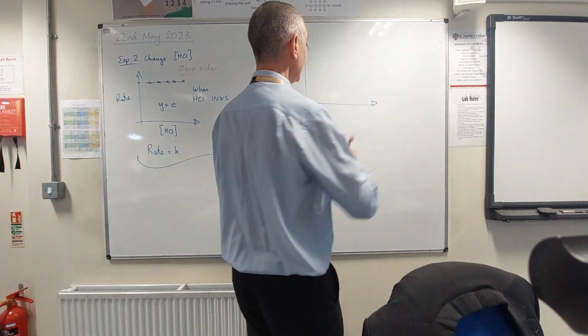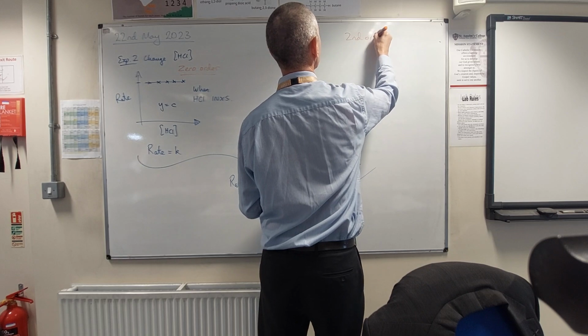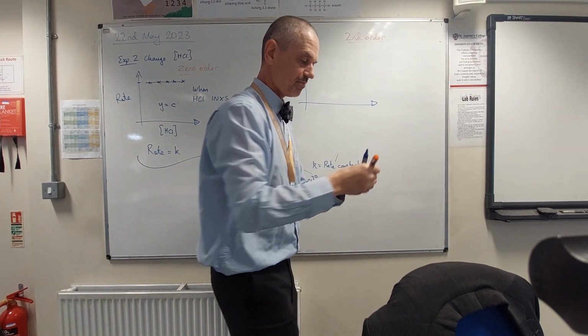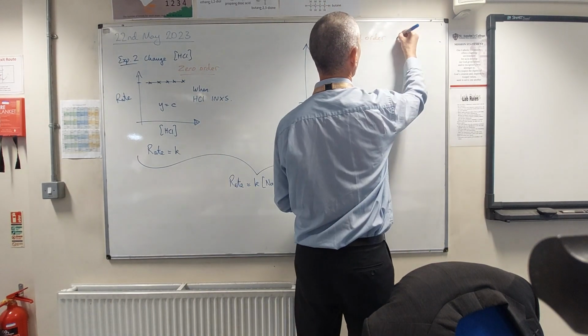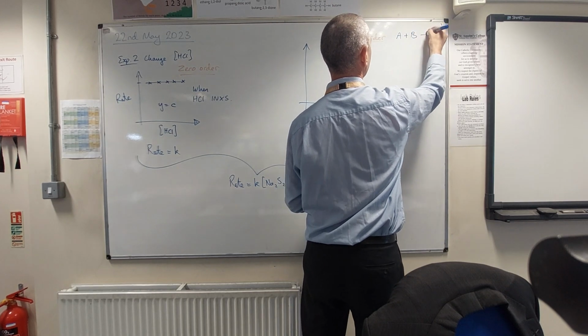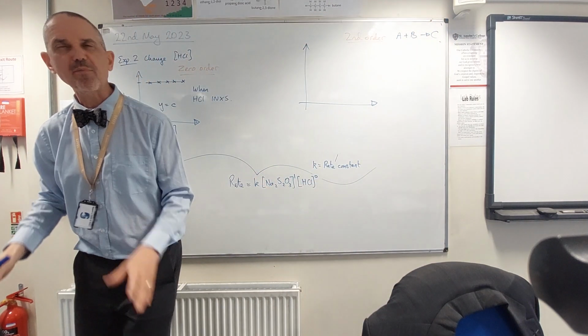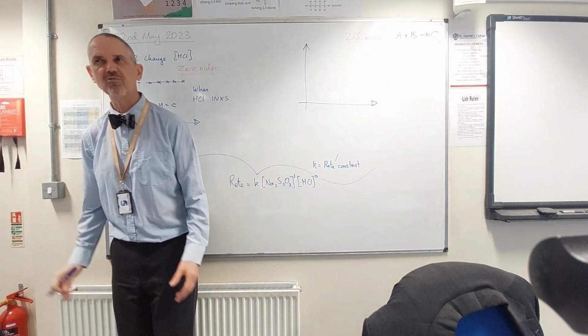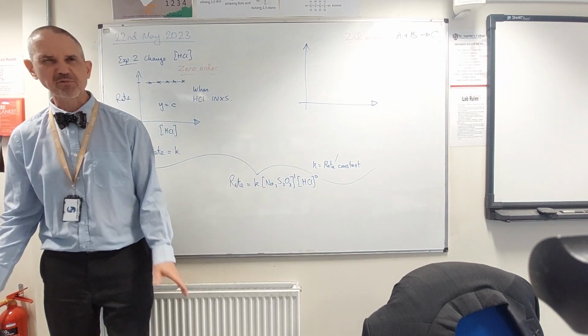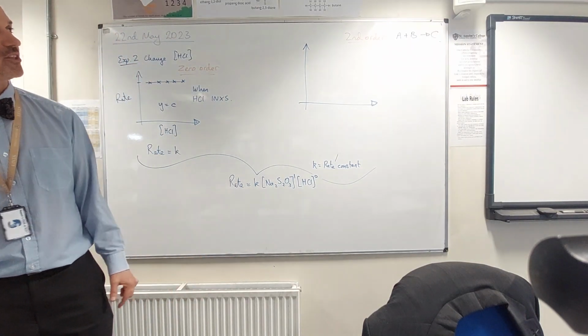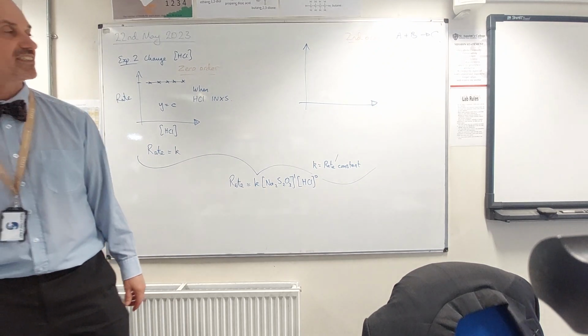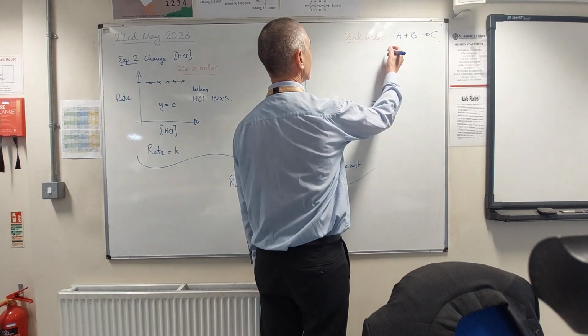Let's say I've got a reaction where A and B react to make C. I'll talk about why second order reactants appear later on, but for the moment just accept that they can exist. And let's say it's second order.